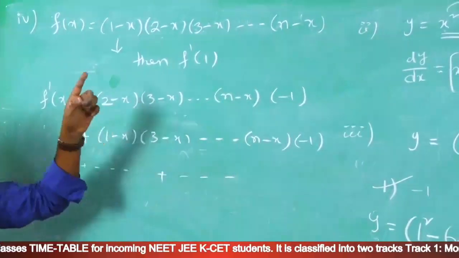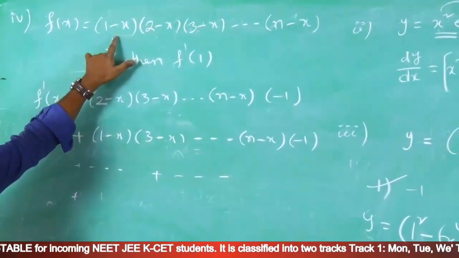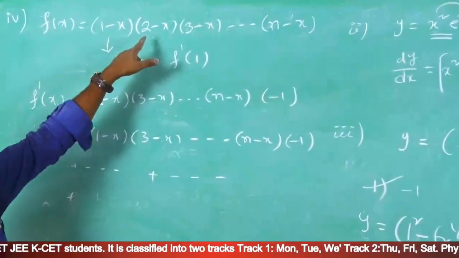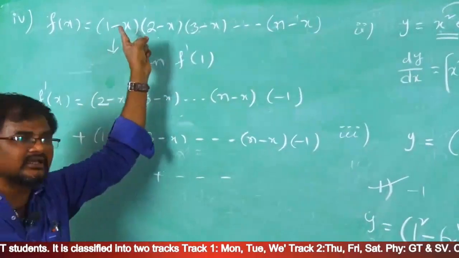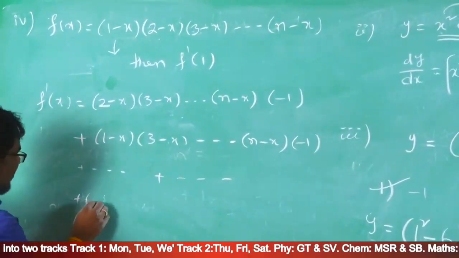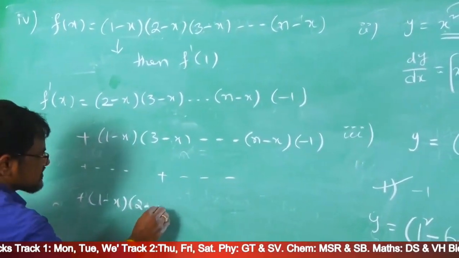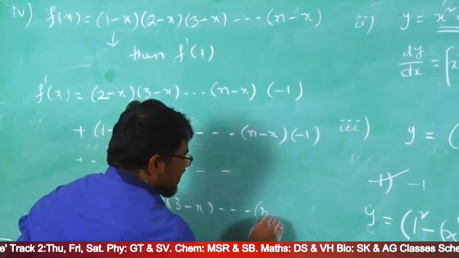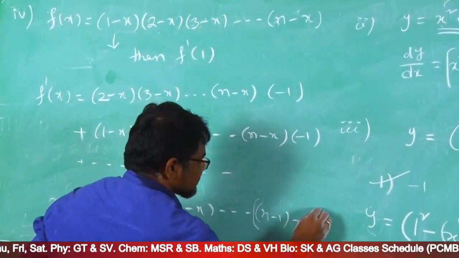Once again, listen. First you differentiate the first factor, remaining as it is, plus differentiate the second factor, remaining as it is. Now 1 minus x, 2 minus x, 3 minus x, etc. up to n minus 1 minus x.